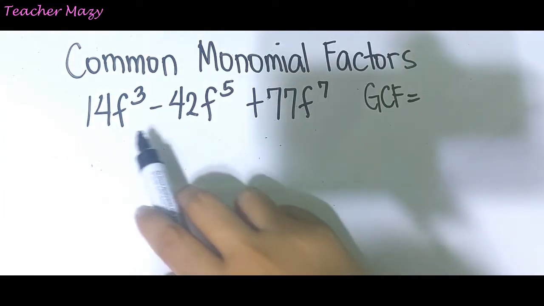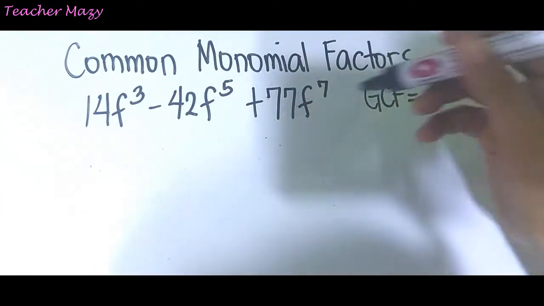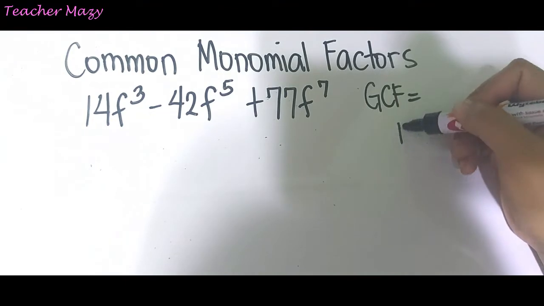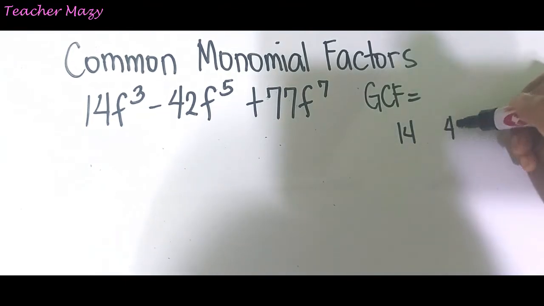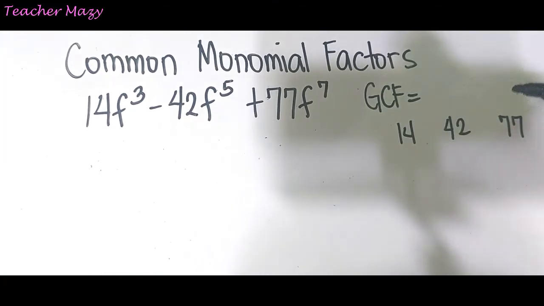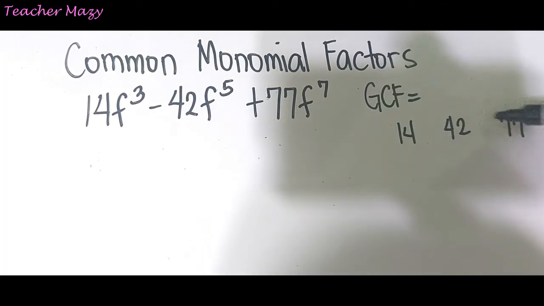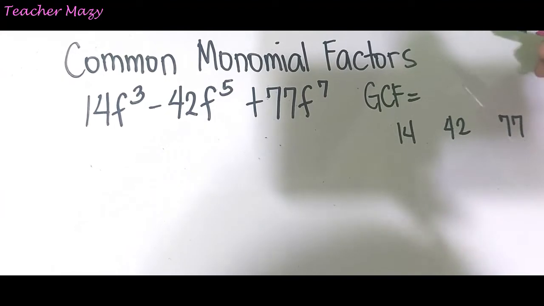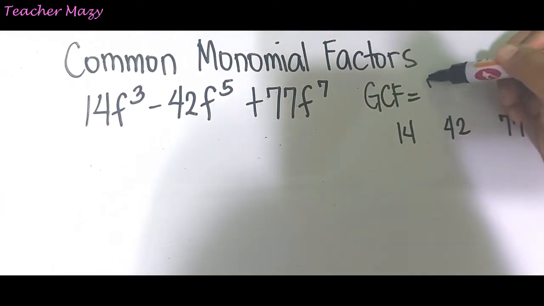Let's focus on the numerical coefficients first: 14, 42, and 77. The greatest common factor, or the biggest divisor we can use, is 7, since all of them are divisible by 7.